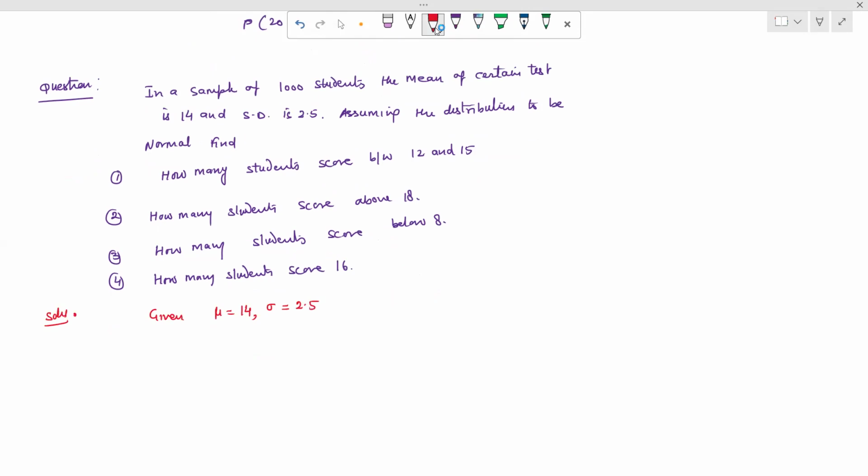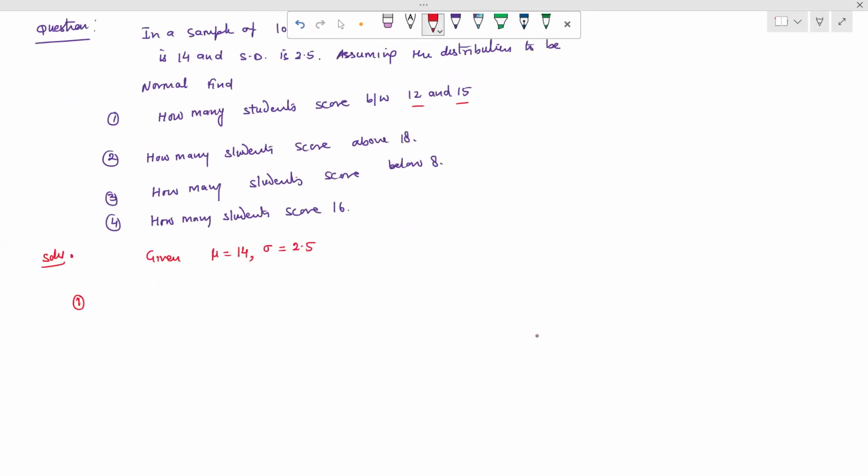So now when we are going to solve the first part, how many students score between 12 and 15? So there are two values given. One is 12, second is 15. So we consider x1 as 12 and x2 as 15. So according to x1, x2, we calculate the z score.